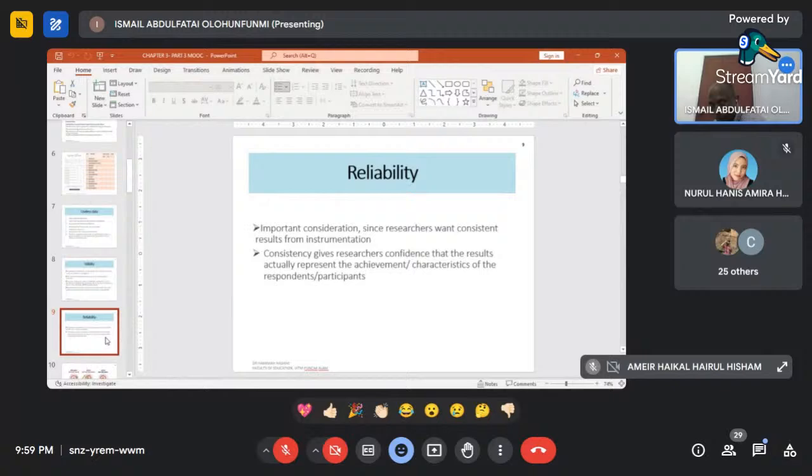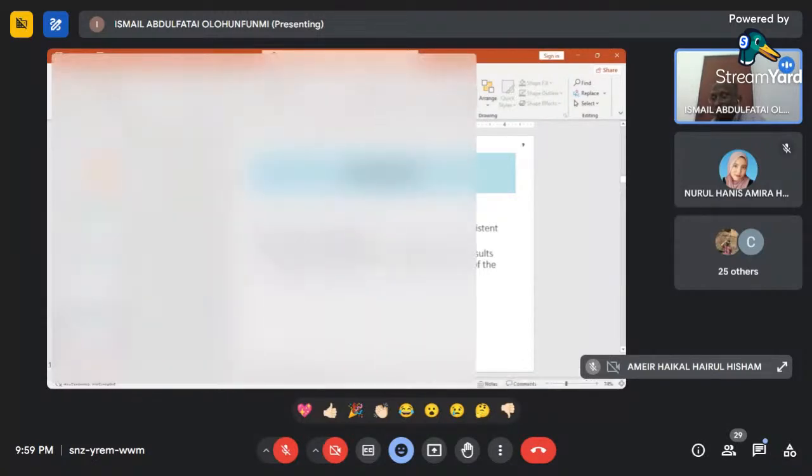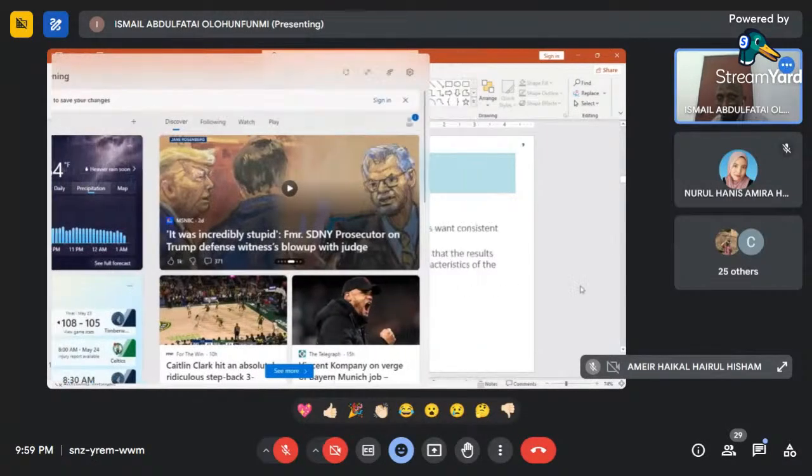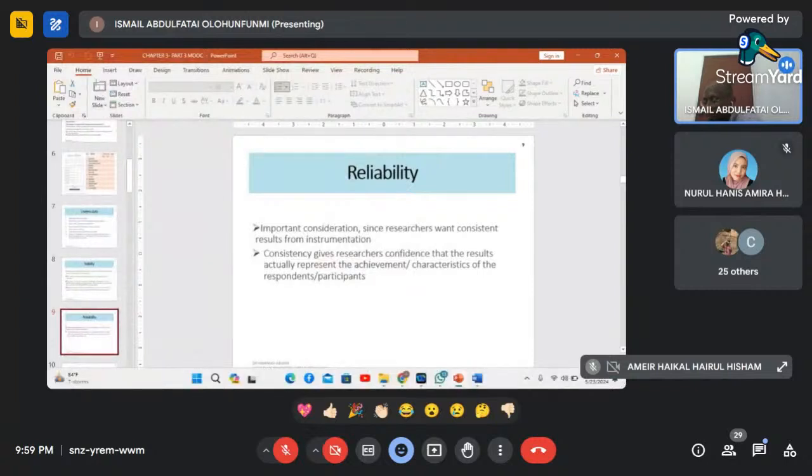Meaning that, for example, when I conduct a research for Ahmad Faisuddin, then I get a result from Ahmad Faisuddin. I conduct another research for Amir Haikal Bun Hairul Hisham. I also conduct another research, collecting information for Afik Amirul Bona Hassan.